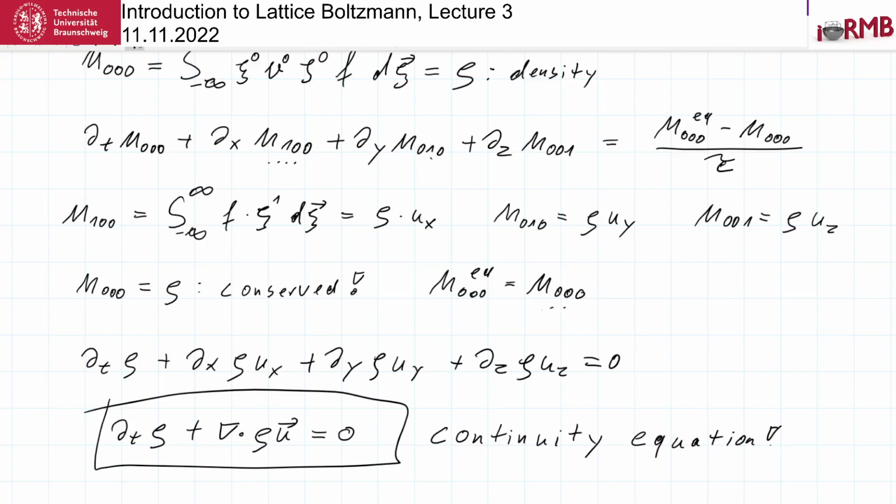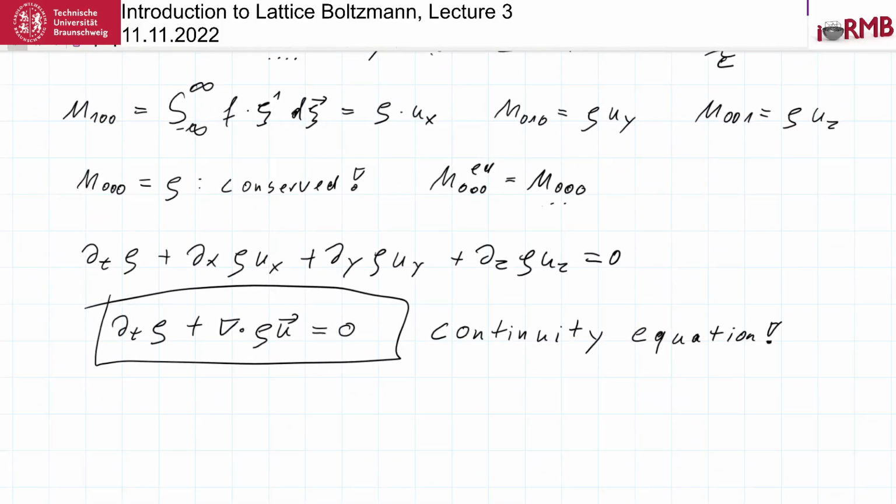Okay, so what it says is that the density changes with the divergence of the flux of particles. So u times rho is the flux, and if there is a divergence of the flux, then the density changes. Otherwise, it does not, because the number of particles is conserved.